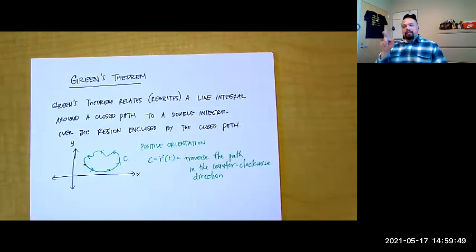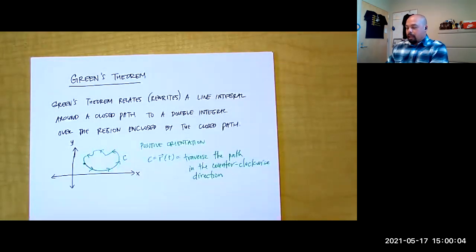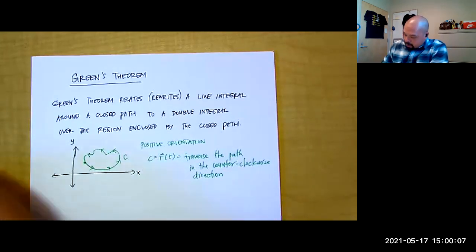Okay. And then we think about how we label our quadrants, how we cycle through our angles in polar form, right? Counterclockwise, and that kind of identification. But we have this closed path. We're going around counterclockwise, okay?